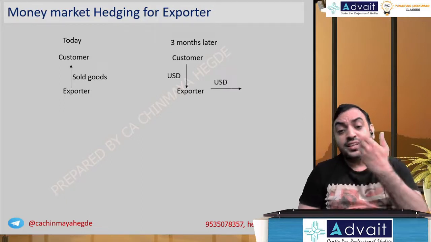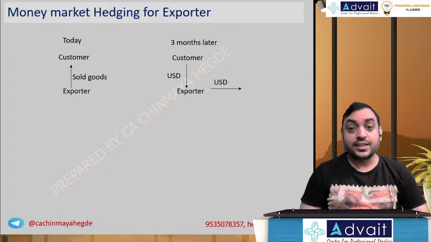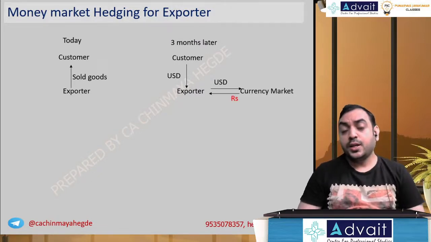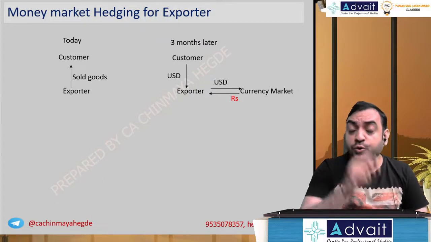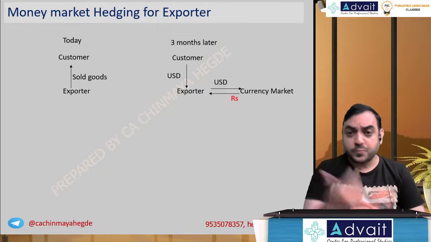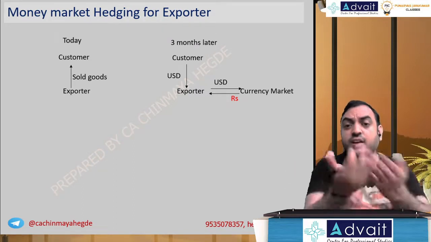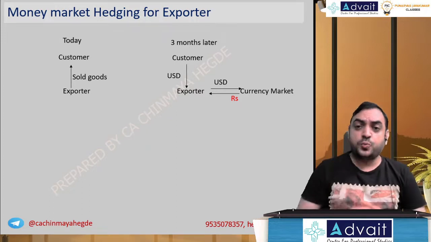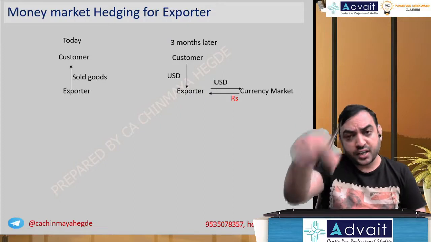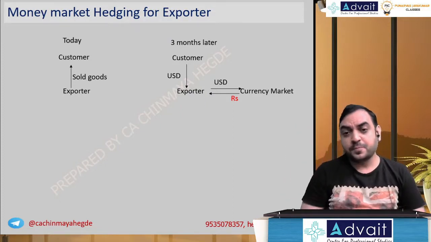You will have to sell in the currency market, so that you get the rupees. But when will you come to know that conversion rate? Only after 3 months, when you actually go to the bank and say, give the dollars, take the rupees. How many rupees you get depends on whatever is the spot rate at that point in time.